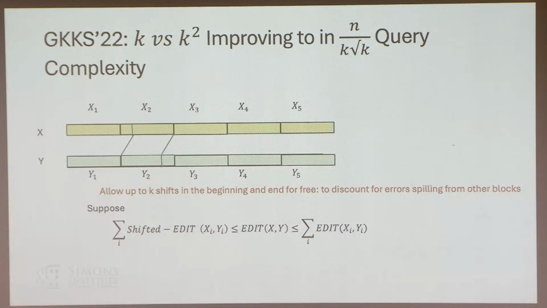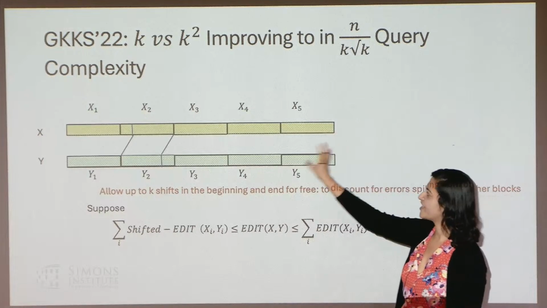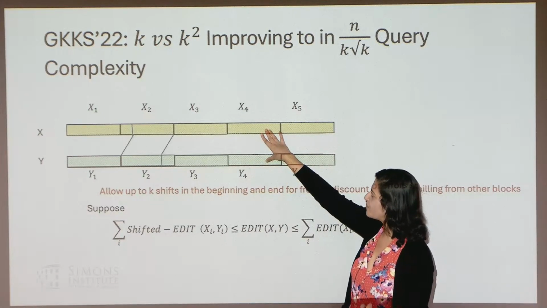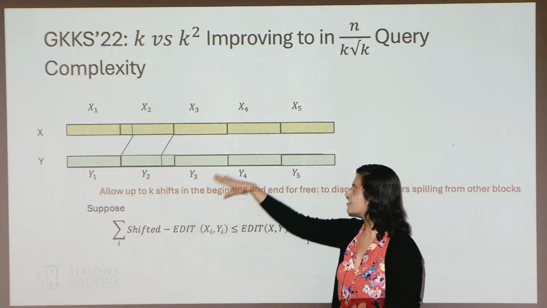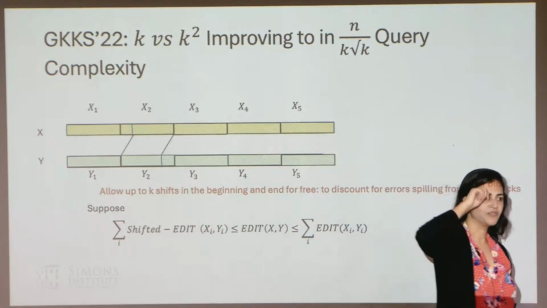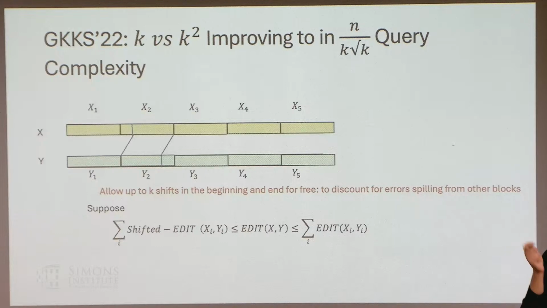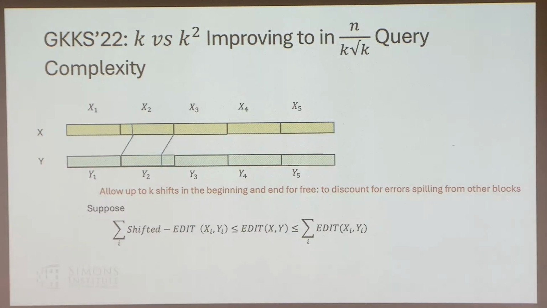And that doesn't hold in general. But what we could do in our improved result, instead of looking at just the edit distance between the sample blocks, is look at what is called the shifted edit distance between every sample block. That's the only change we make when we move from n over k to n over square root of k. This idea is motivated by a 2003 paper, but we have to do some more work on it.